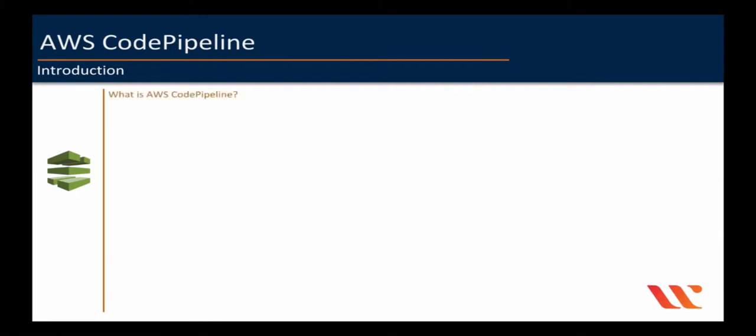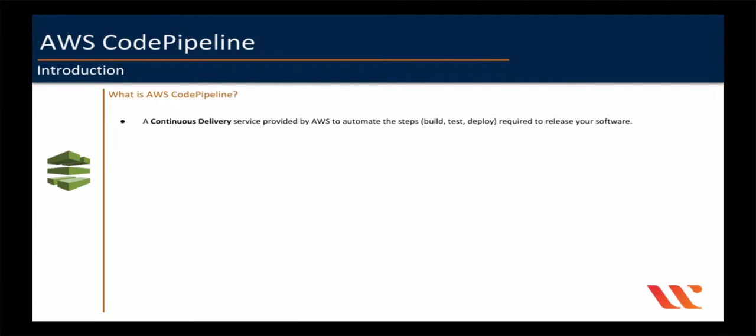AWS CodePipeline is a continuous delivery service provided by AWS to automate the steps such as build, test, and deploy required to release your software. We can build a workflow of different steps involved in continuous delivery or continuous deployment. Each step in a CodePipeline workflow is referred to as a stage.